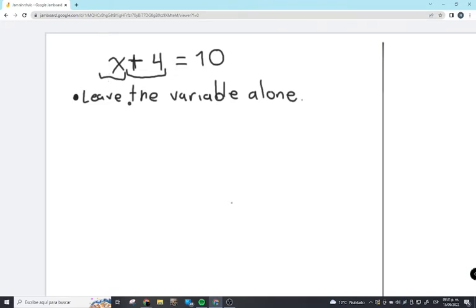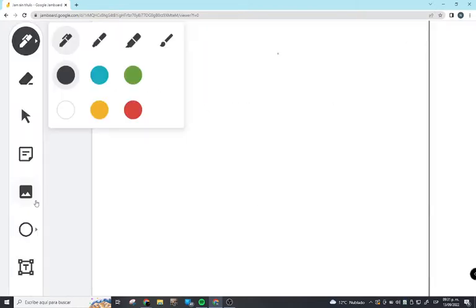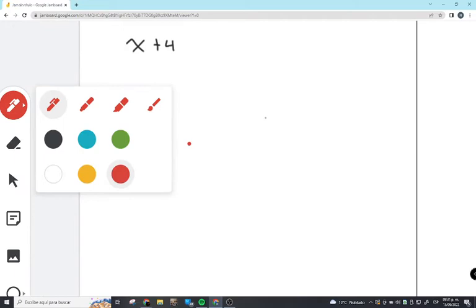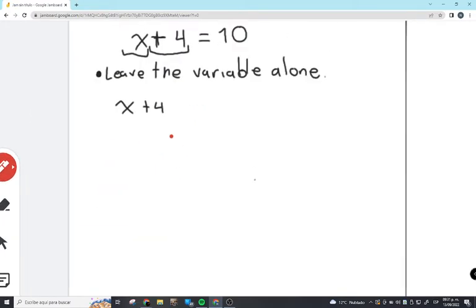So we need to get rid of this plus 4, and the way that we can do that is by subtracting 4, basically doing the opposite. So it's something like this: x plus 4 minus 4. I'm going to do it with another color, because colors are going to be really helpful in this particular explanation. x plus 4 minus 4.